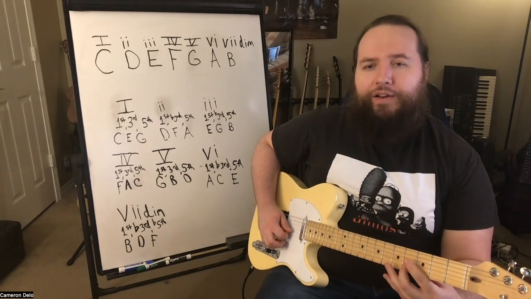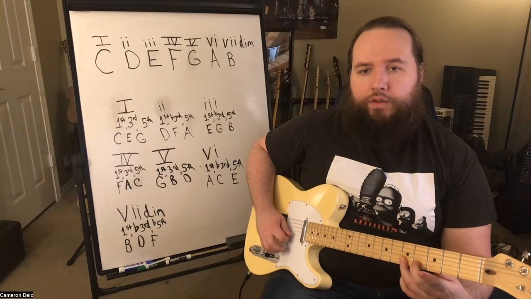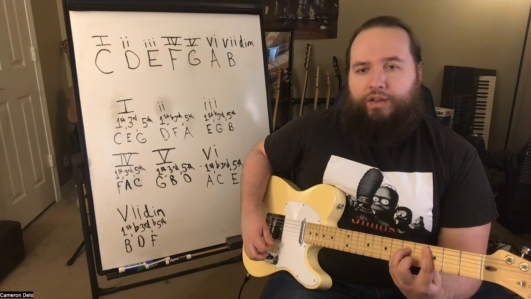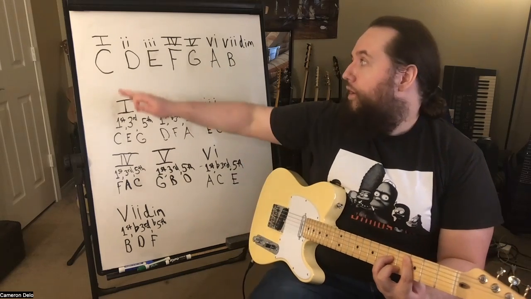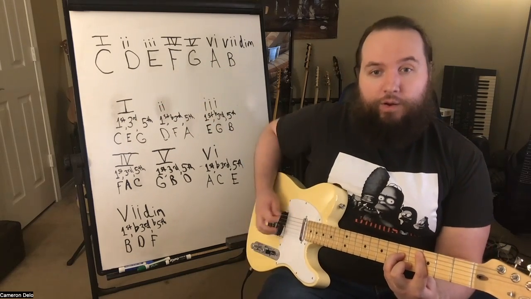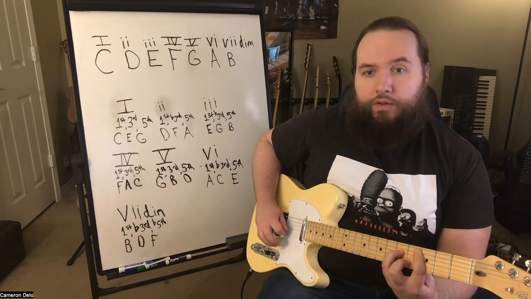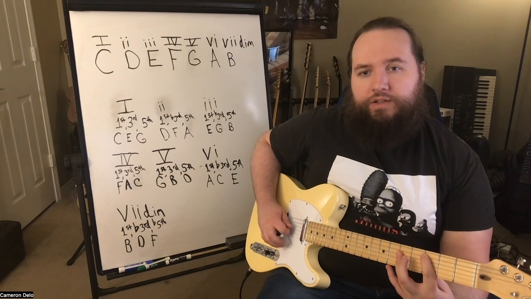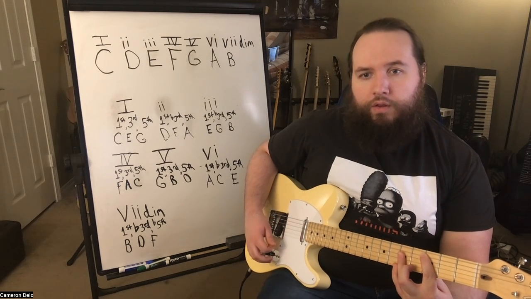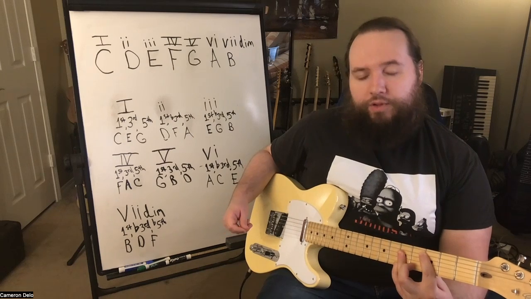If we change this to minor, flat the 3, that makes it C, E flat, G. And if you look on here, there's no E flat. So that's why we keep it C, G, C, E, because everything's natural in the key of C.